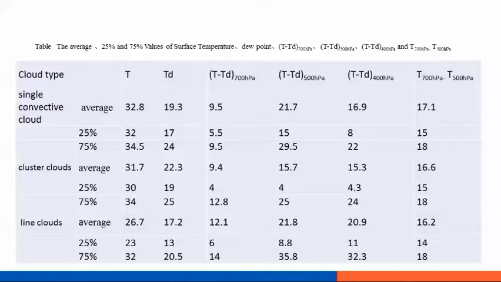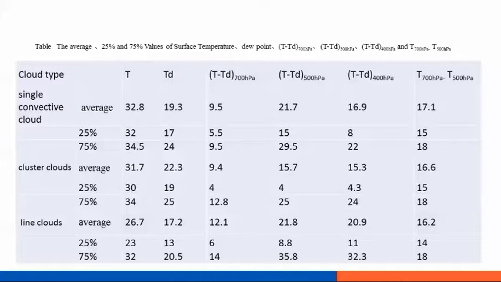By analyzing the environmental parameters of 3 different cloud patterns in eastern China, where severe thunderstorm winds are often seen, we used the surface temperature and dew point, the difference between temperature and dew point at 700 millibar, 500 millibar, and 400 millibar, and the temperature difference between 700 millibar and 500 millibar.